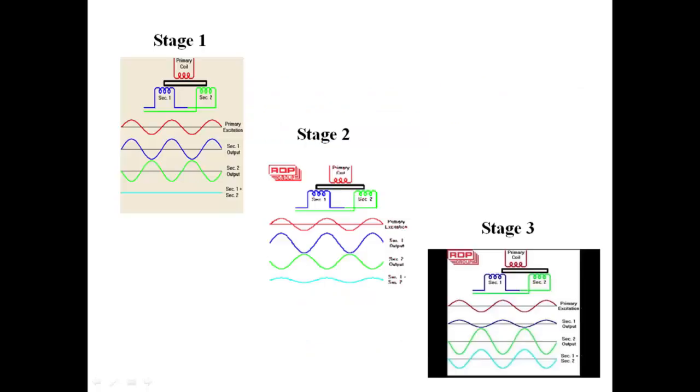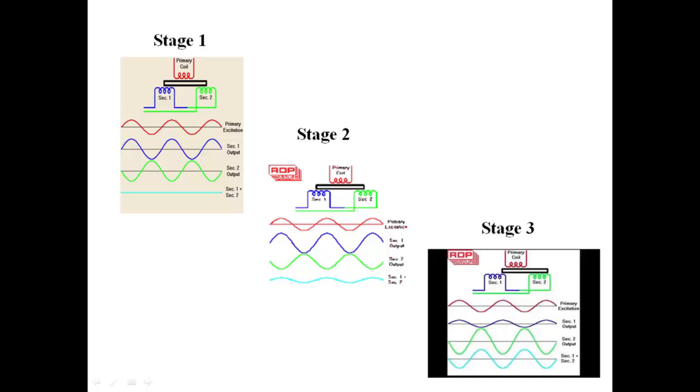Okay, you can see all the stages together. Like in stage 1, we had the core exactly in the center. Two equal voltages of opposite polarity were being generated in secondary 1 and secondary 2. So the net output was 0. In stage 2, the core moved towards the left hand side. So there was a higher voltage magnitude in secondary 1.